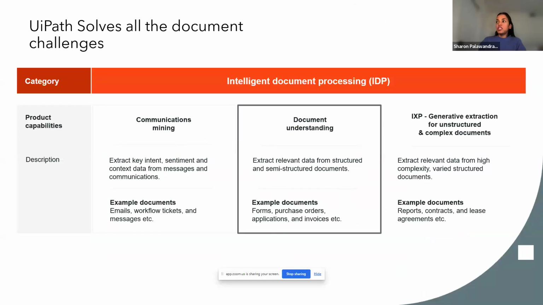So, a little bit about the document understanding space. I want to touch a little bit about this because of IXP. Now, you may or may not know what IXP is, but IXP is, in my opinion, the new and much more sophisticated automation platform to specifically extract complex documents.